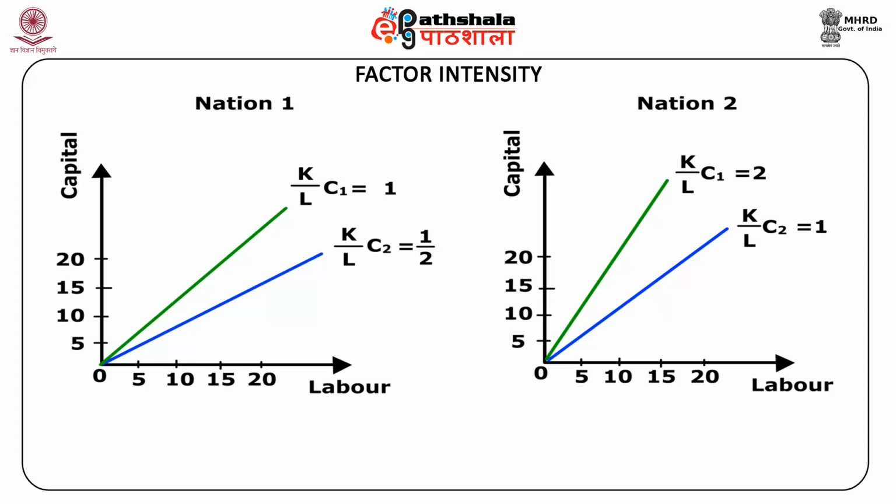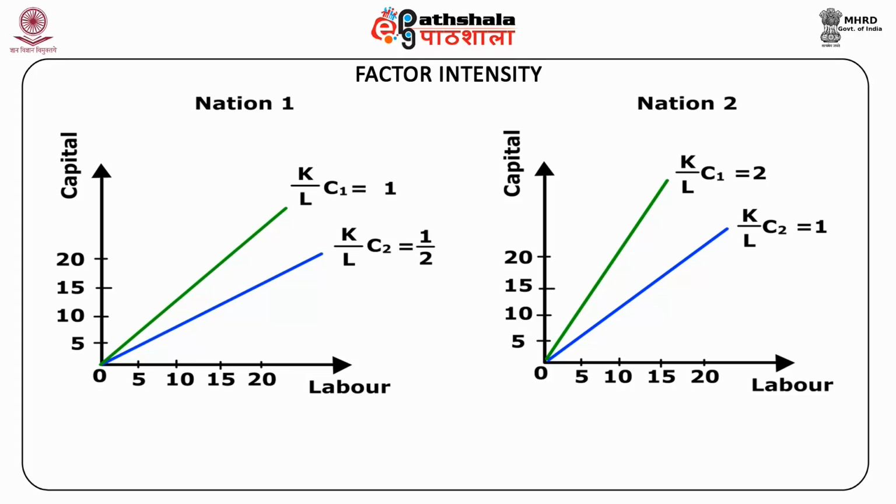Consider the case of Nation 1, which requires 5 units of capital and 5 units of labor to produce 1 unit of commodity X, and 5 units of capital and 10 units of labor to produce 1 unit of commodity Y. K by L ratio in the production of commodity X is 5 by 5, which is equal to 1, which is shown by the green line in the diagram.